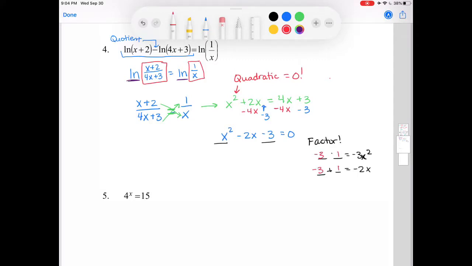And when you think about your factors of negative 3, adding up to negative 2, you have the options of negative 3 and 1. All right. Once I have those factors, I can go straight into the factored form because my a value in front of that x squared was 1. So I can fill in x minus 3, x plus 1. Set it equal to 0 and solve.